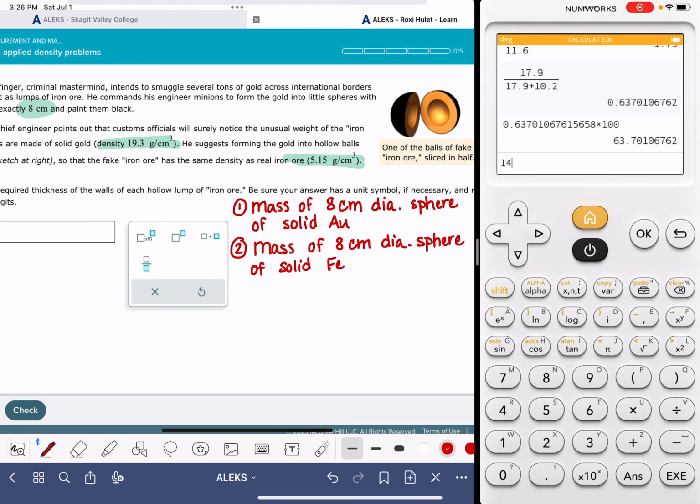And this is going to give me an idea of by how much the solid gold sphere is too heavy.